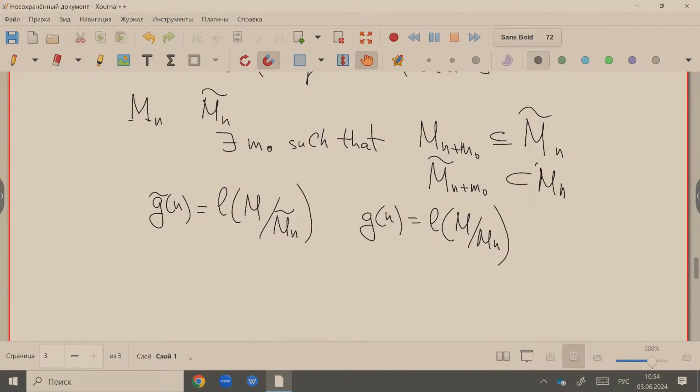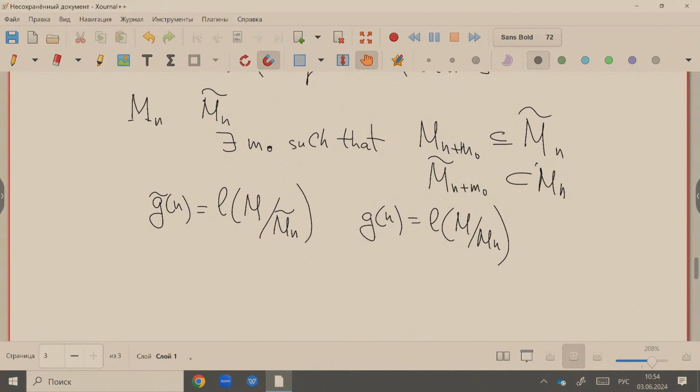Now you can consider this polynomial Gn, which is the length of M modulo Mn tilde, and G tilde n, which is the length of M modulo Mn.